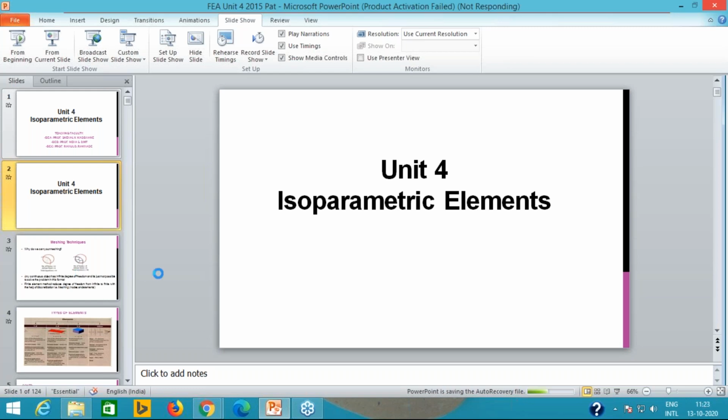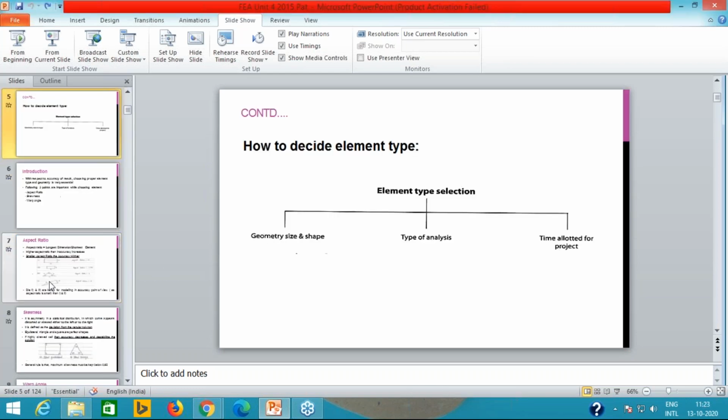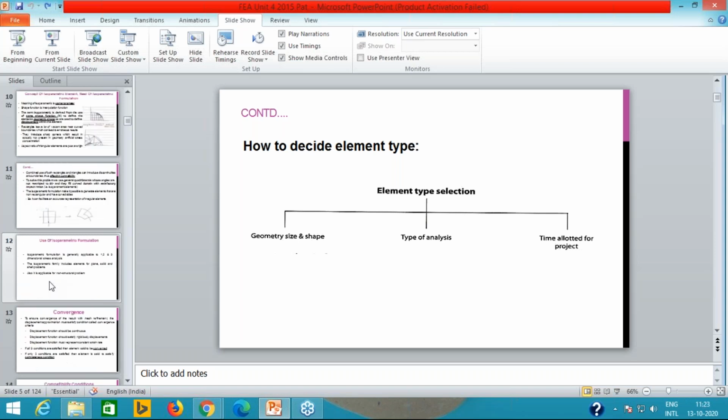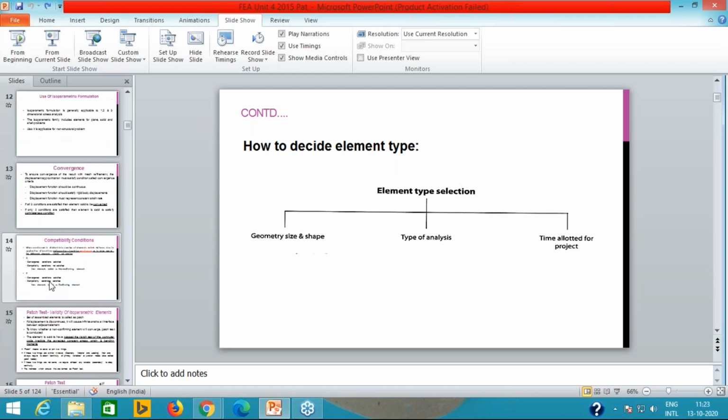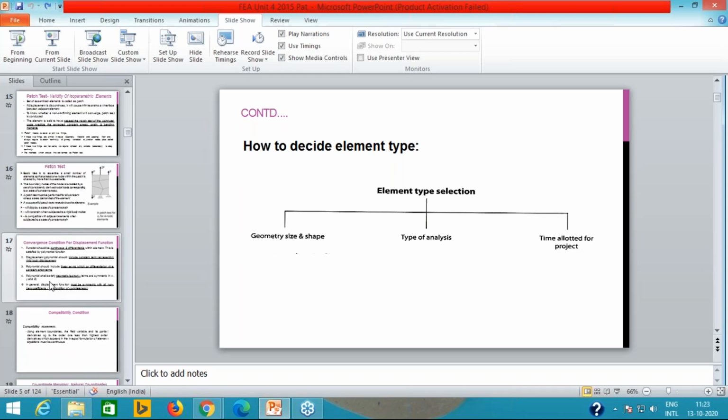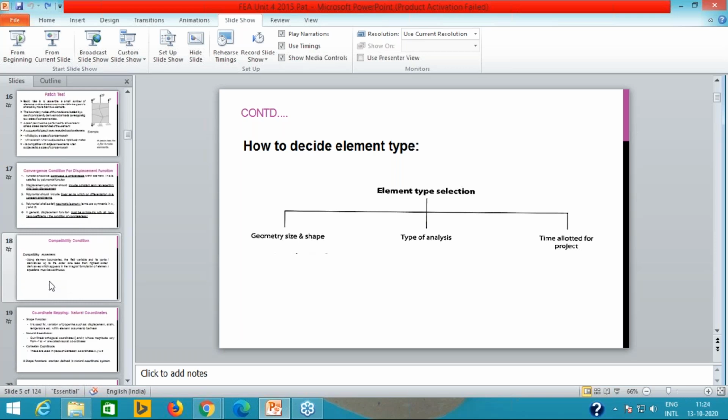And after that, skewness, warp angle, then why it is necessary, significance of isoparametric element, use of isoparametric element, convergence, compatibility conditions, and to check the validity of isoparametric element, the patch test was there.